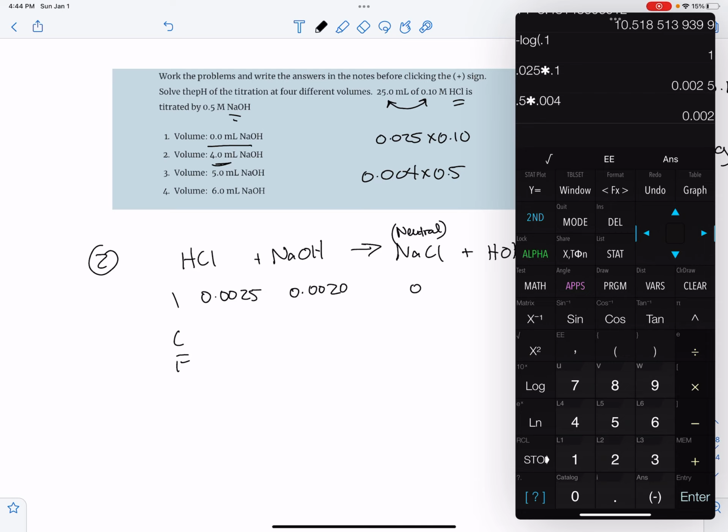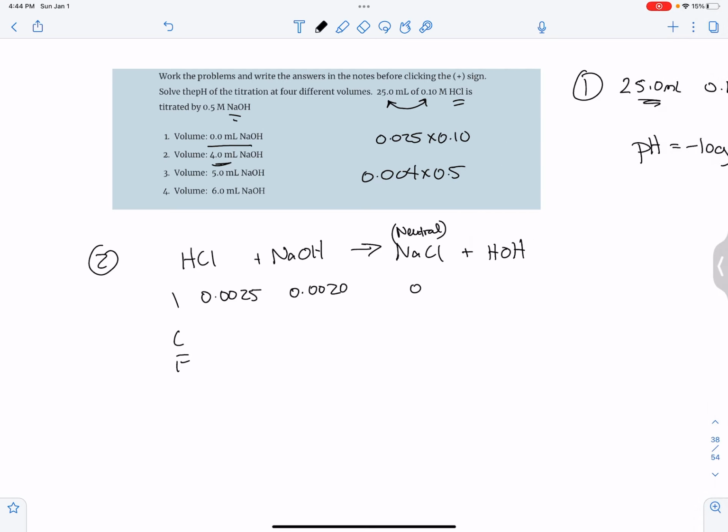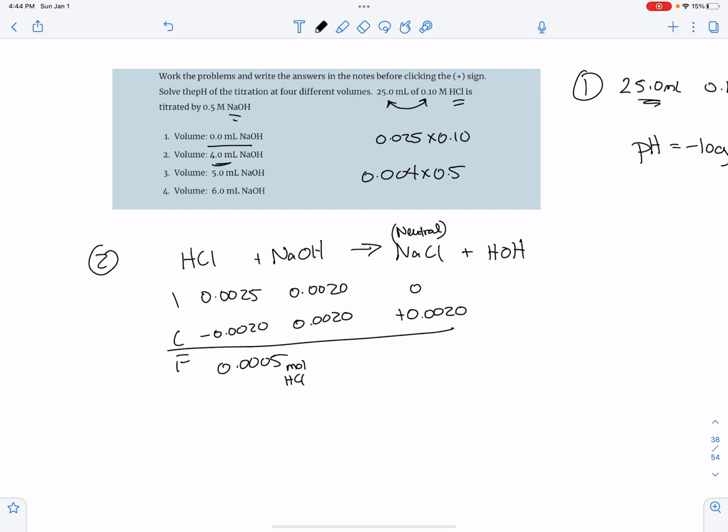Don't have any of that, and the water doesn't matter. So I subtract out the lower one, which is the 0.002, and I'm gaining the salt. But again, it doesn't matter that I'm gaining it because it's a neutral salt. It's not going to affect the pH. So what I have left is 0.0005 moles of HCl. I don't have any of that. And again, the salt part doesn't matter.